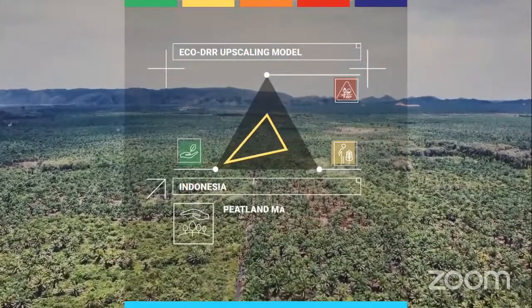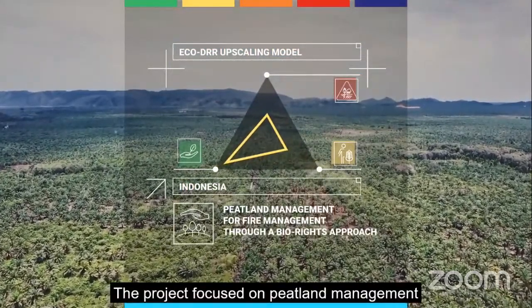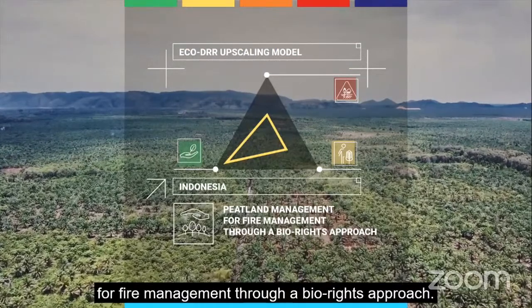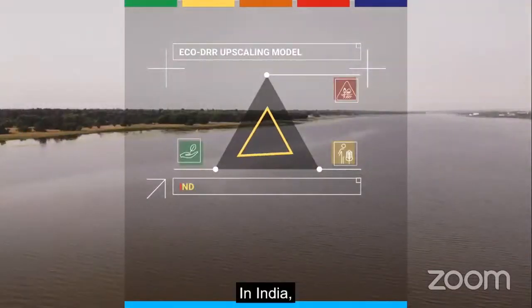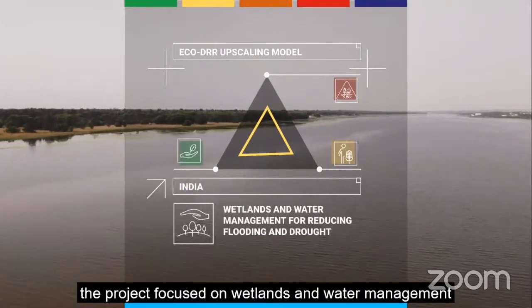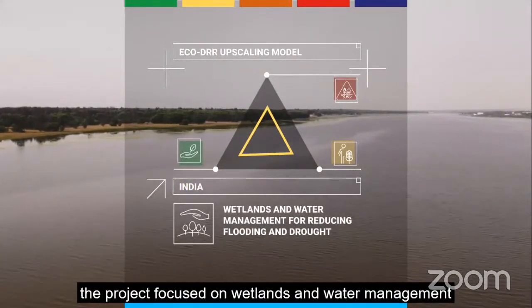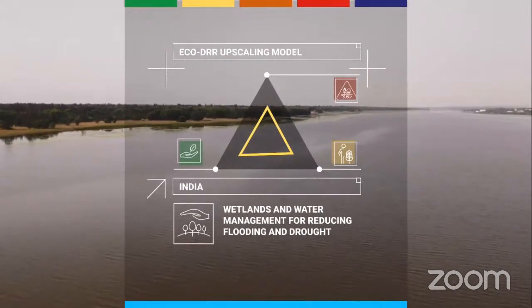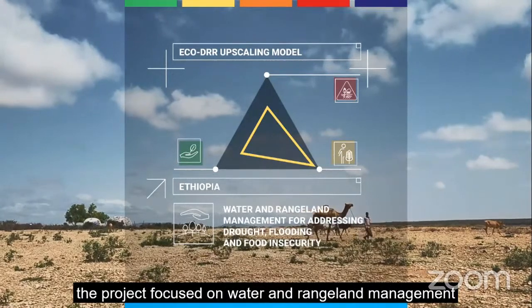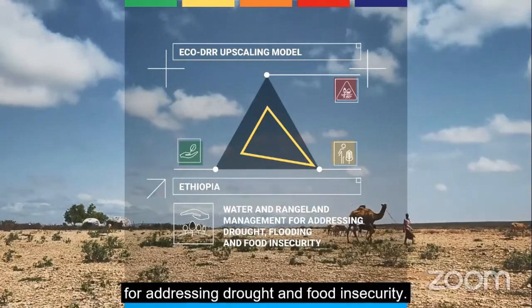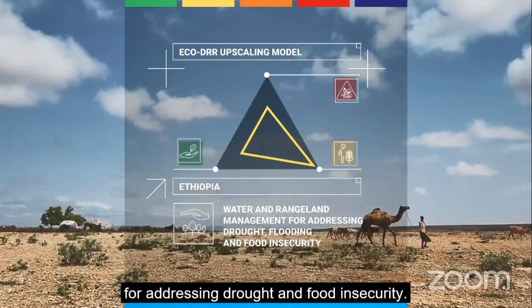In Indonesia, the project focused on peatland management for fire management through a biorights approach. In India, the project focused on wetlands and water management for reducing flooding and drought. In Ethiopia, the project focused on water and rangeland management for addressing drought and food insecurity.